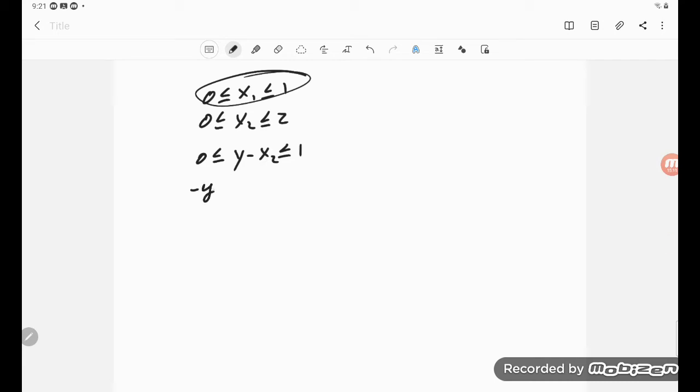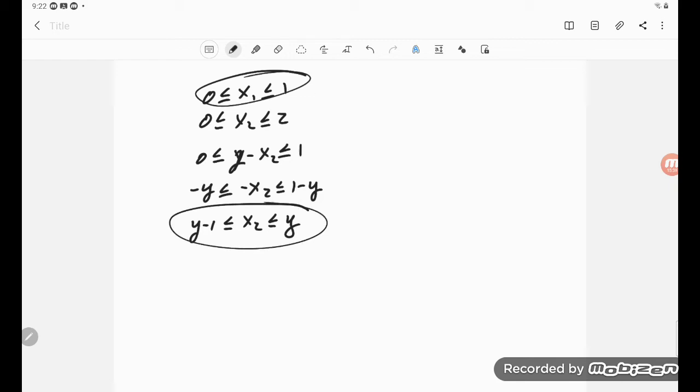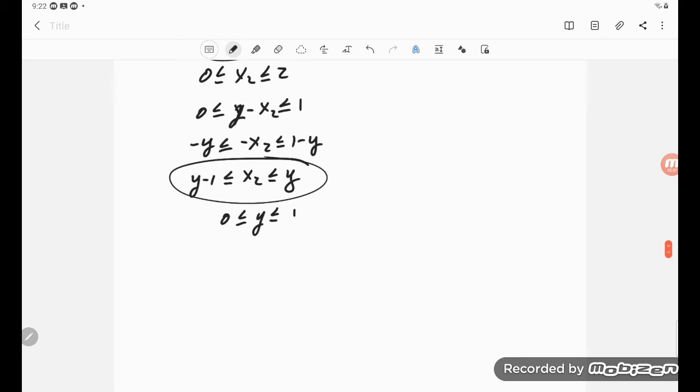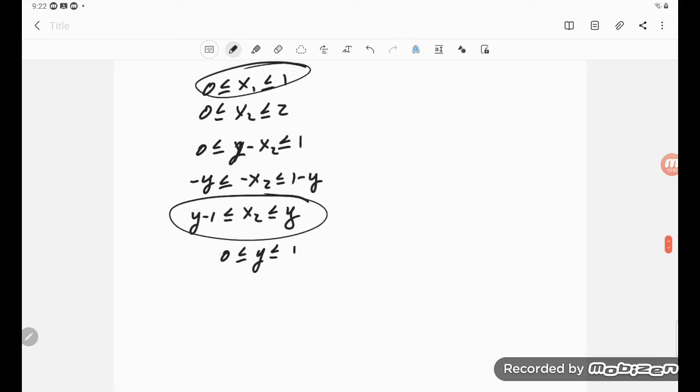Okay, so same sort of thing again. I get a minus y less than or equal to negative x2 less than or equal to 1 minus y, and so now again using the negative I get y minus 1 less than or equal to x2 less than or equal to y. Okay, so I have those two pieces, and now if y is between 0 and 1, well, if y is 0, not a problem.